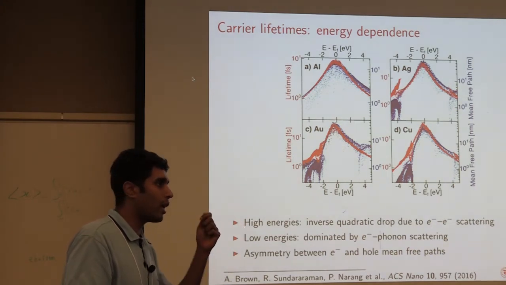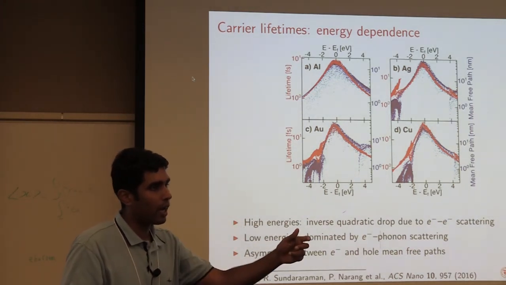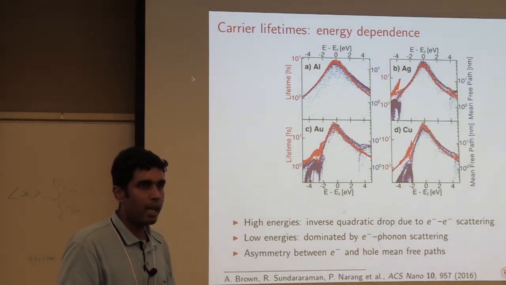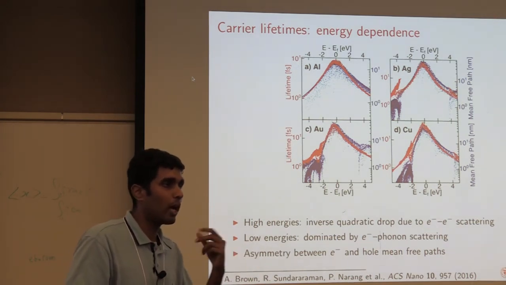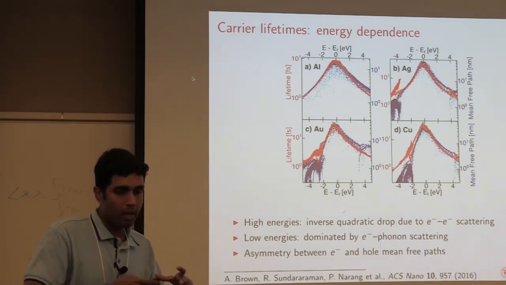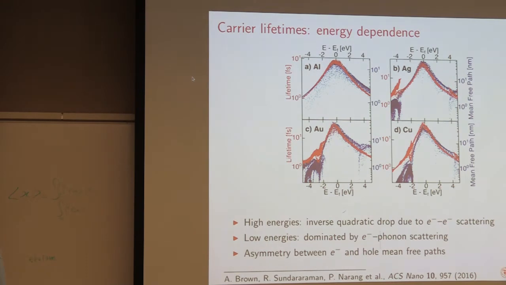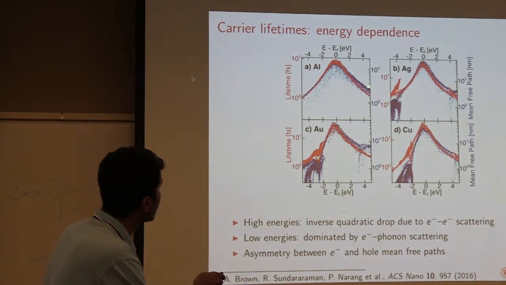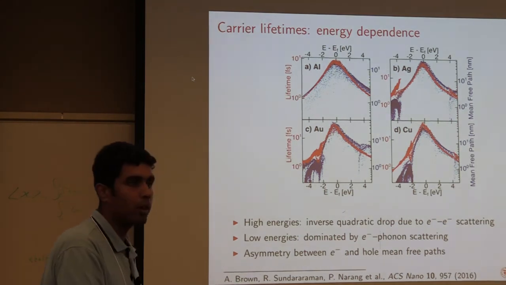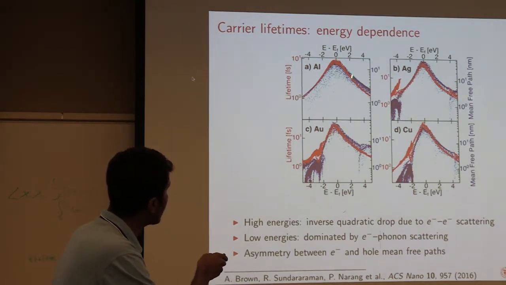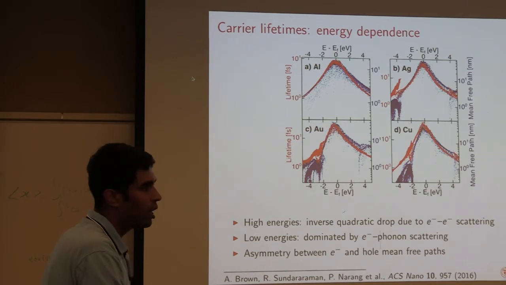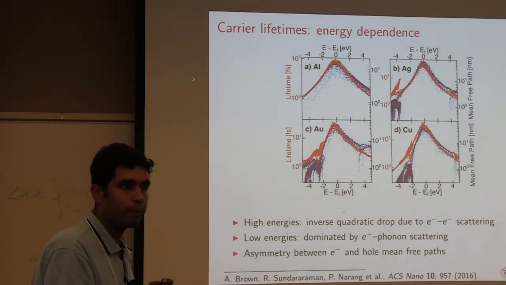One electron can give its energy to another electron in the Fermi sea and produce a new electron-hole pair in the material. The number of ways in which you can do this increases as you have a higher energy. So you have a greater phase space for scattering, which increases your rate and decreases your lifetime. And this goes quadratically as (E minus EF) squared away from the Fermi level. So you basically have a constant and an (E minus EF) squared contribution, which gives you this overall profile.